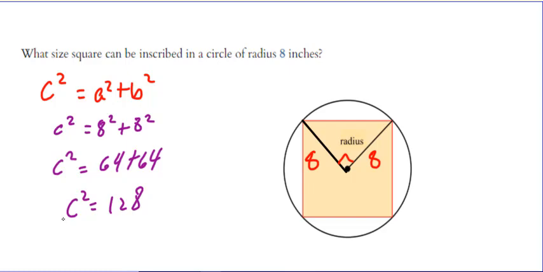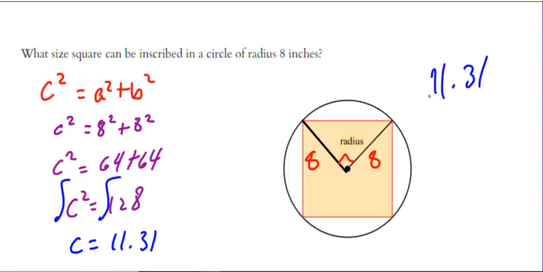Ladies and gentlemen, take the square root of both sides. So c equals the square root of 128, which is approximately 11.31. So the side of the square would be 11.31. There you go. So that's how that works. That's about as easy as I can make it.